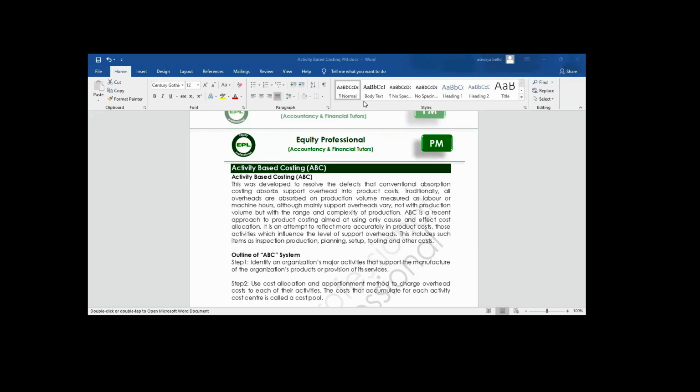We now say activity-based costing is a modern approach to product costing, whereby overhead cost will be absorbed using the activities that have given rise to the overhead cost.